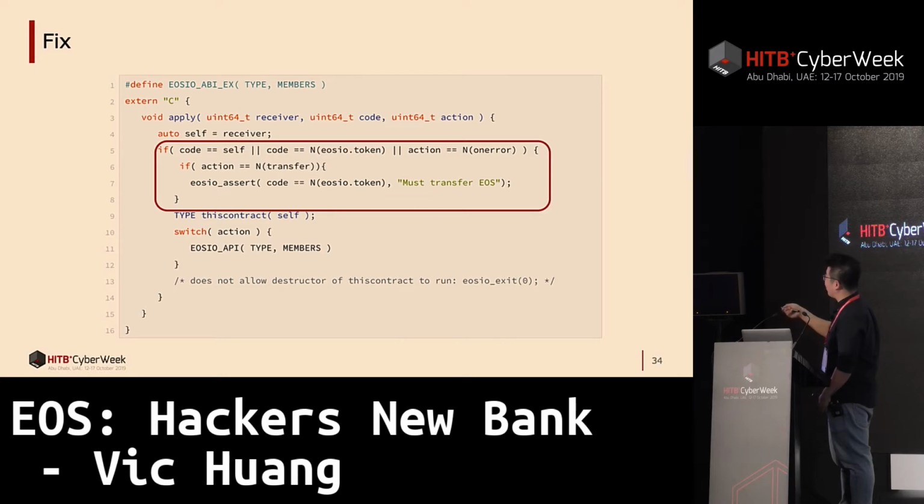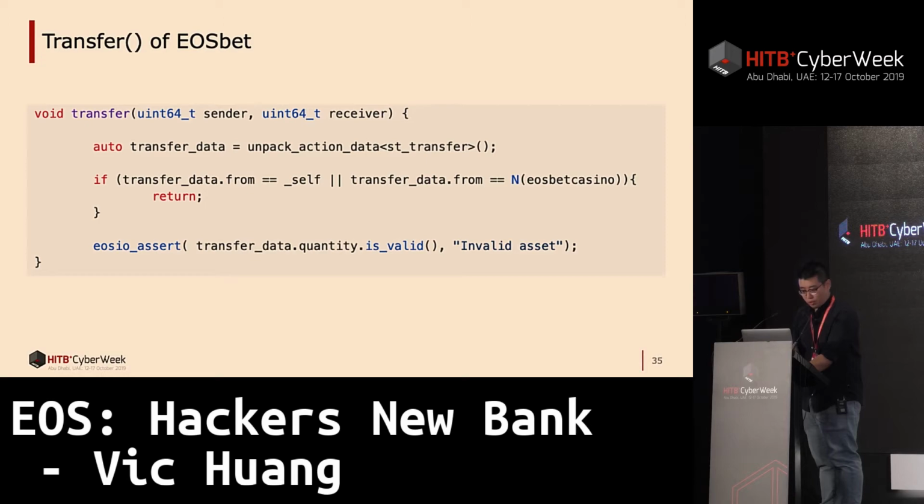But if the code is from self and the transfer, or the code is from EOS, you should prevent non-members of the contract from calling your functions.